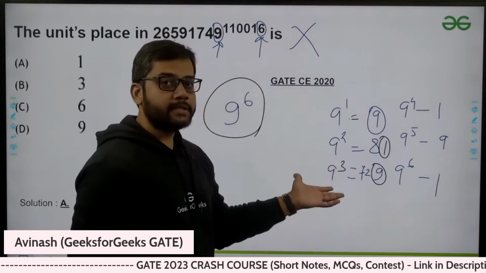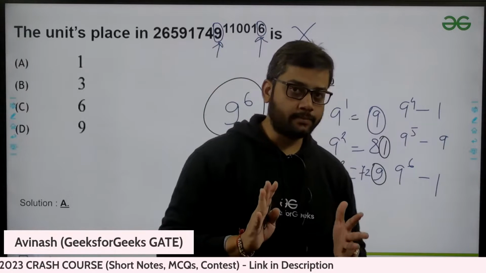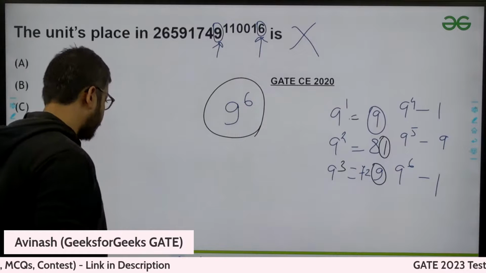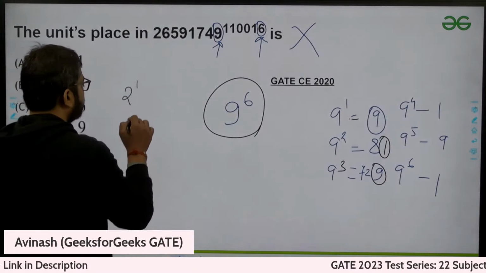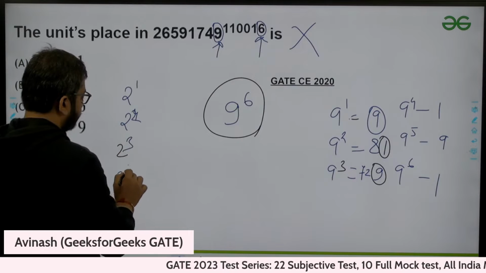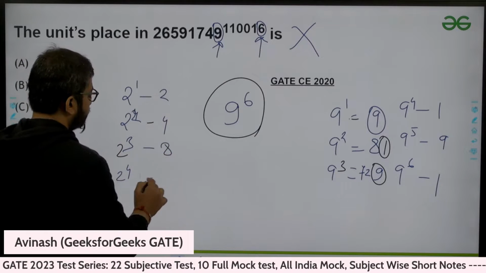So this is called cyclicity. A number will repeat its property. Let me tell you again. Suppose you are writing 2, 4, 2 2s are 4, 3, 4. This will be 2, 4, 8, 16.